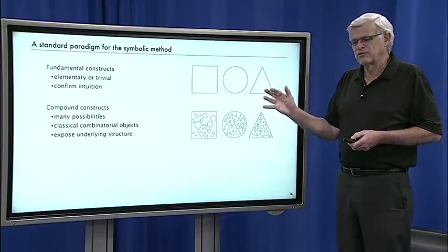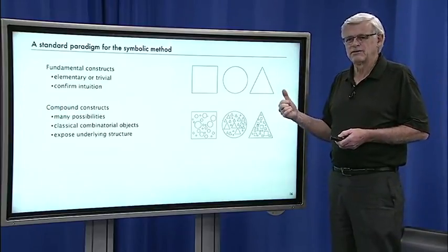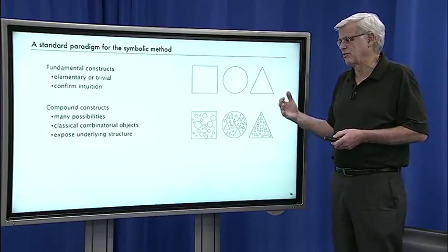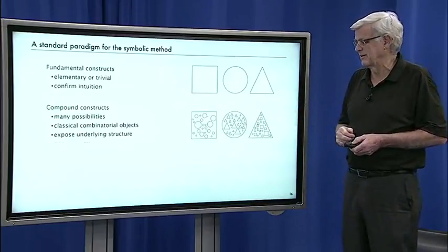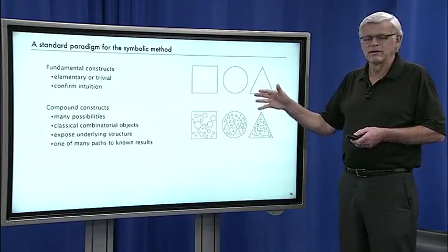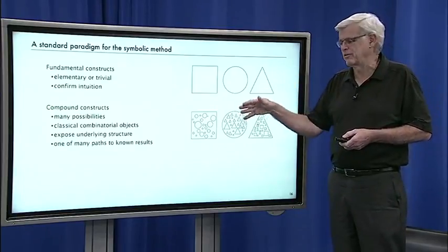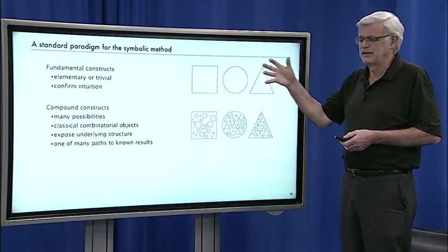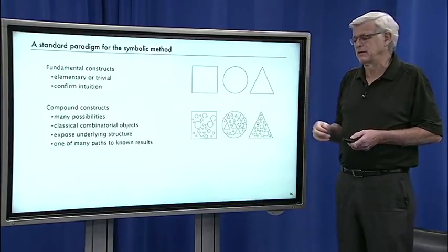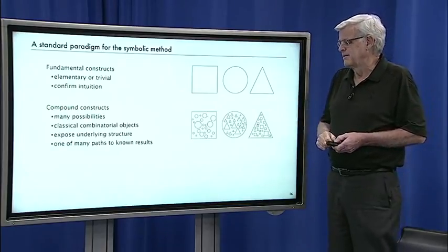And what these constructs do is kind of expose the underlying structure in some way and then reflect that information in the generating function equation. But a lot of times we're just exploring one path to a known result for, again, the natural combinatorial objects, a lot of them that we're going to look at today.